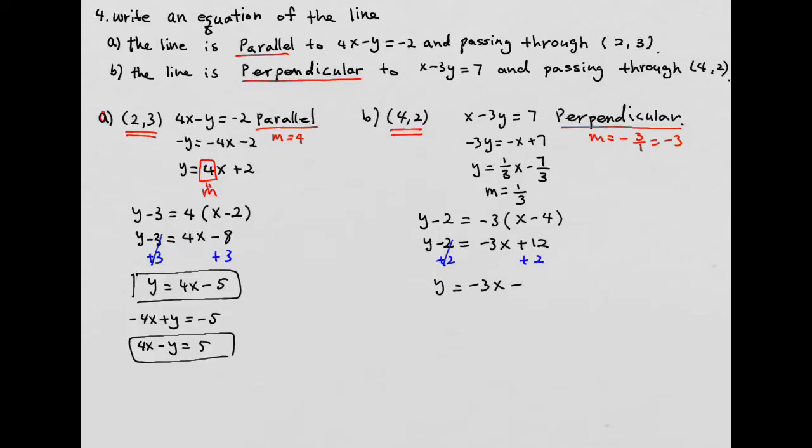You get plus 14. And that's going to be the solution in slope-intercept form. Again, if you wanted to write it in standard form, put x and y together on one side and the constant on the other side. So this is going to be standard form.